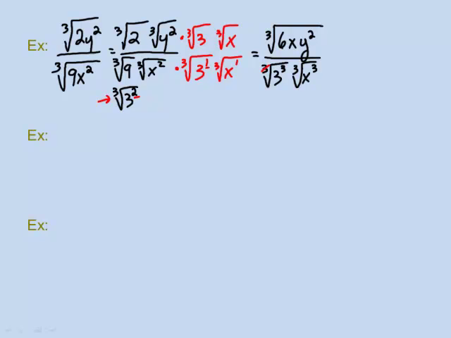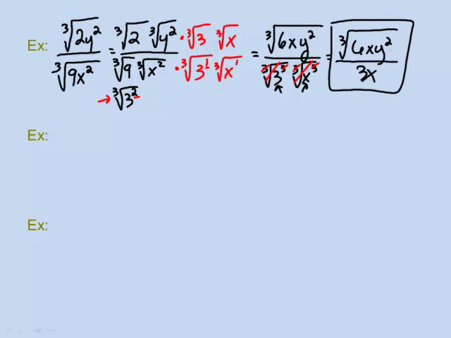For both of those factors, we can then remove our radicals, and we now have the cube root of 6xy squared divided by what we pulled out here, which is just our bases, 3x. And that is our simplest radical form for that particular problem.